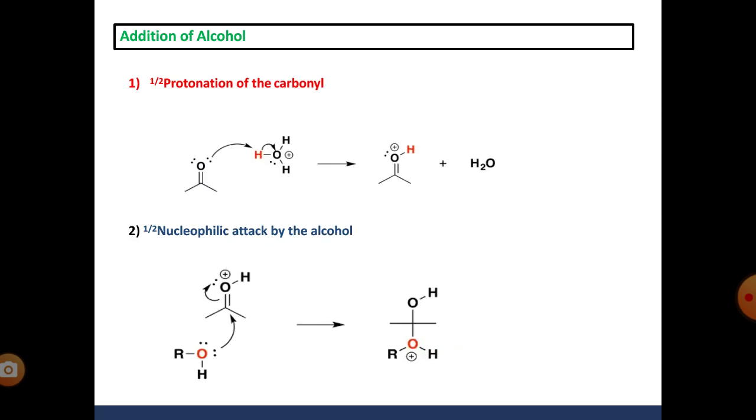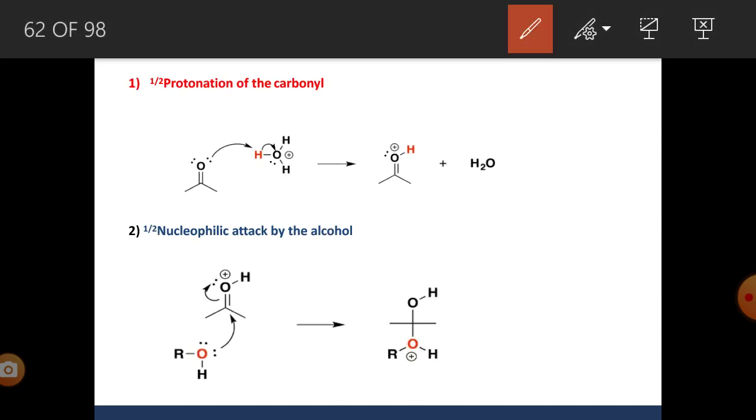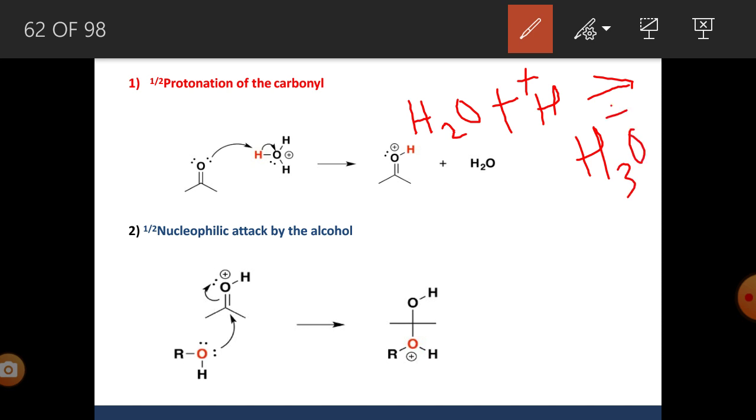In the first step, protonation of carbonyl takes place. What is meant by protonation? Addition of a proton. When a water molecule reacts with an acidic medium, H plus gets released from the acid. This H plus and H2O react and form hydronium ion, which can release a proton.